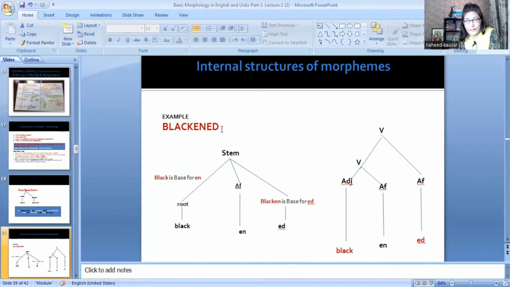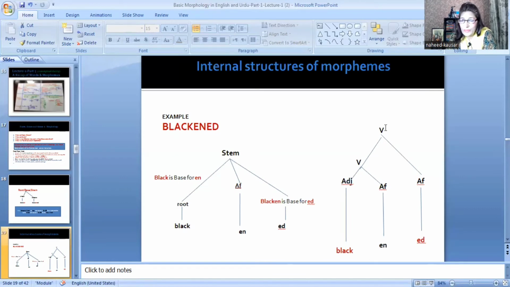The example was blackened, the stem. For this ed inflectional morpheme, blacken is the base. And for the word blacken, black is the root. So in a tree form, there will be the verb put at the top.